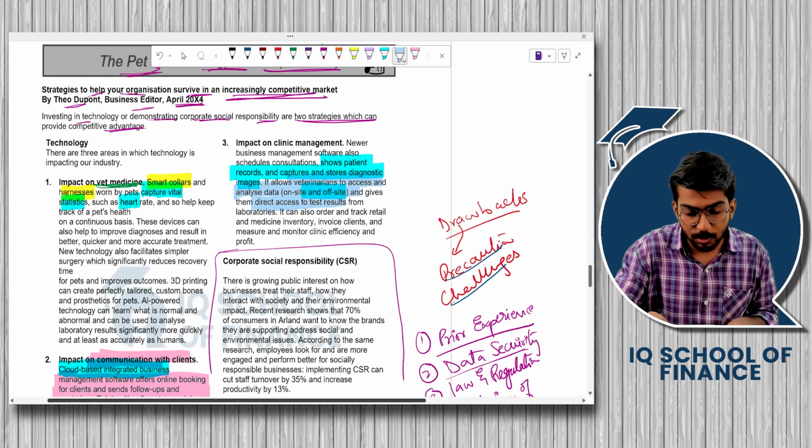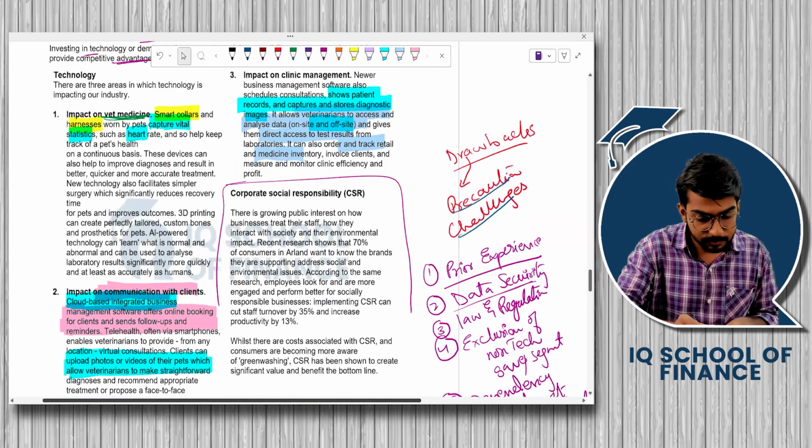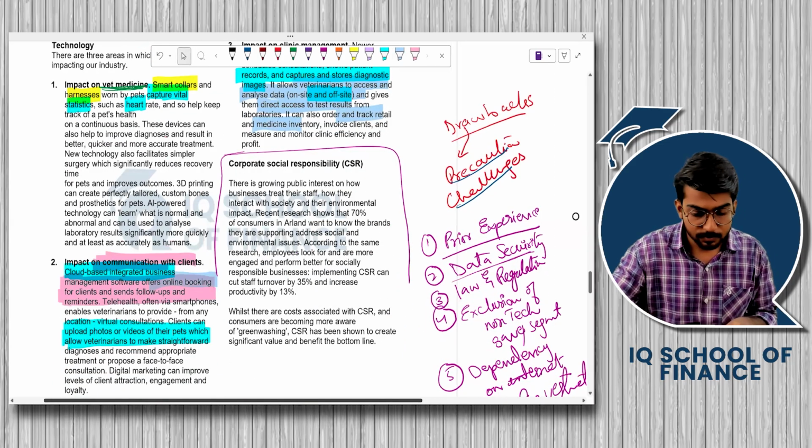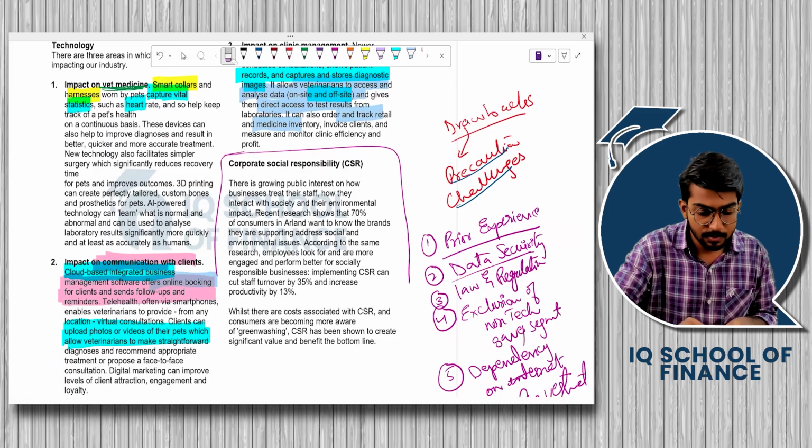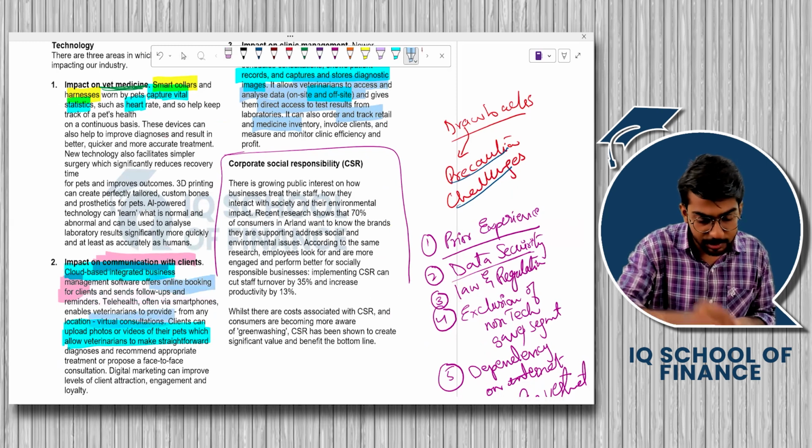It can also order and track the medicine, inventory, client details. And the other thing is online booking, virtual consultation, digital marketing.